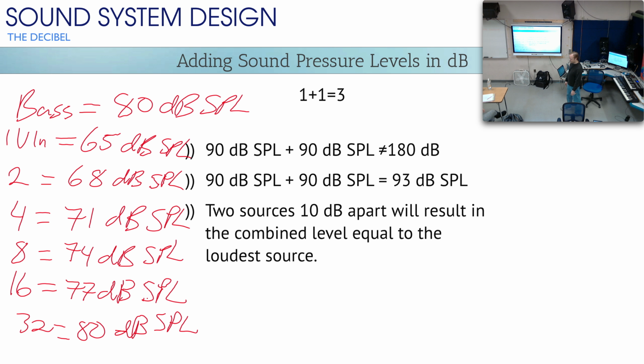Okay? So the further down the signal chain we get in our sound system, the harder it gets for us to manipulate it. That's the point I'm trying to make here.